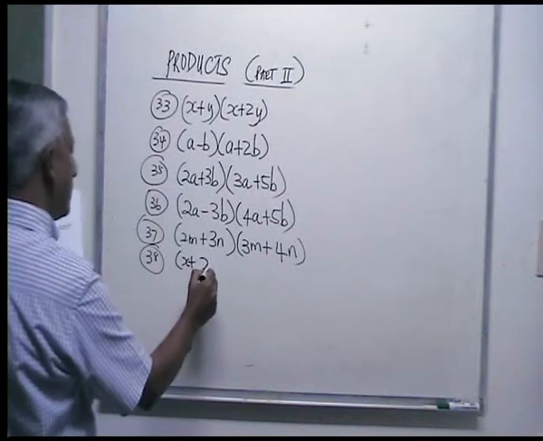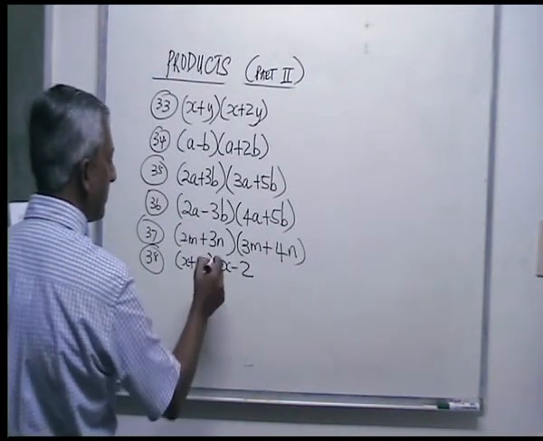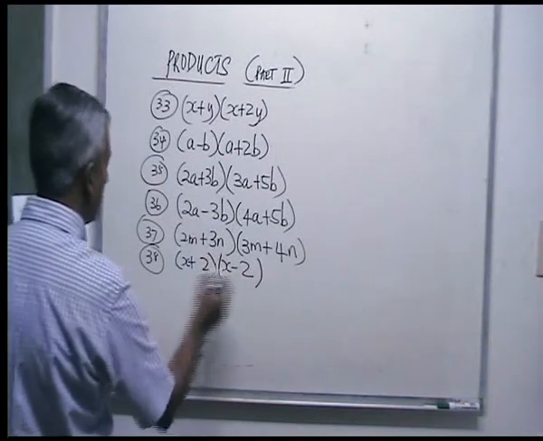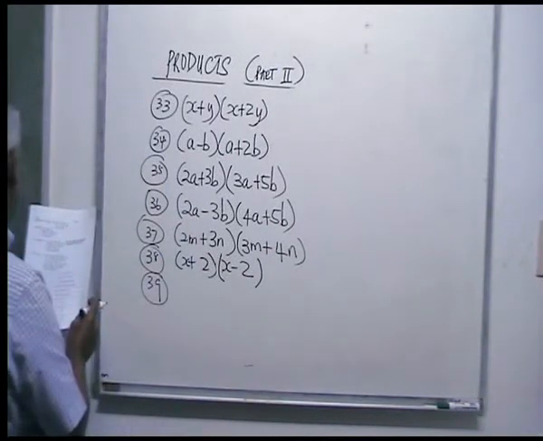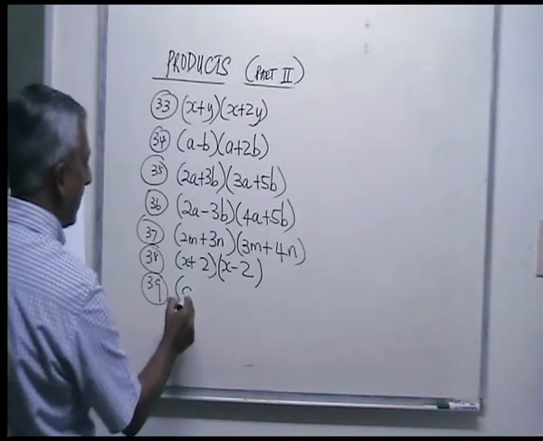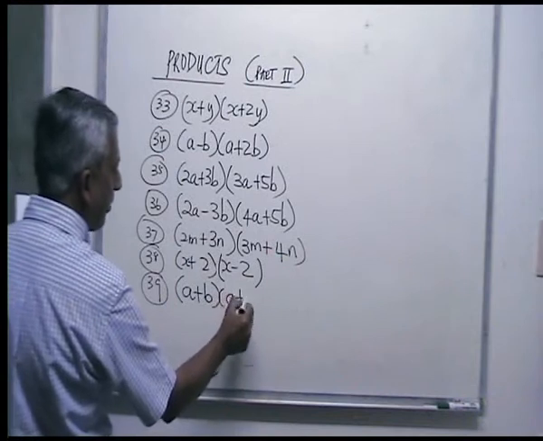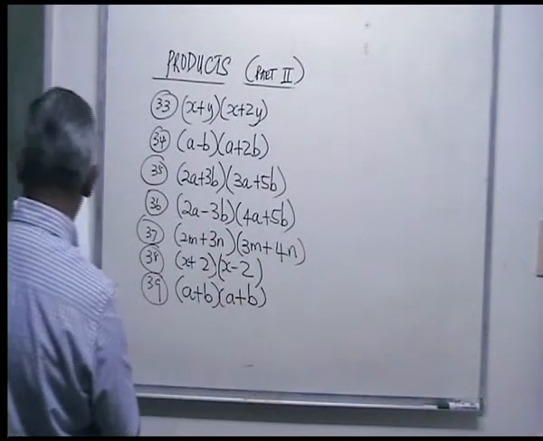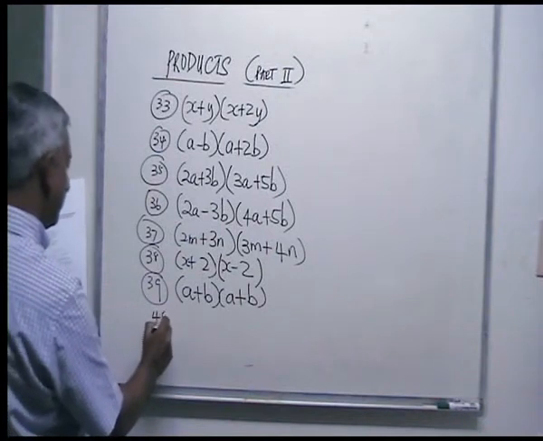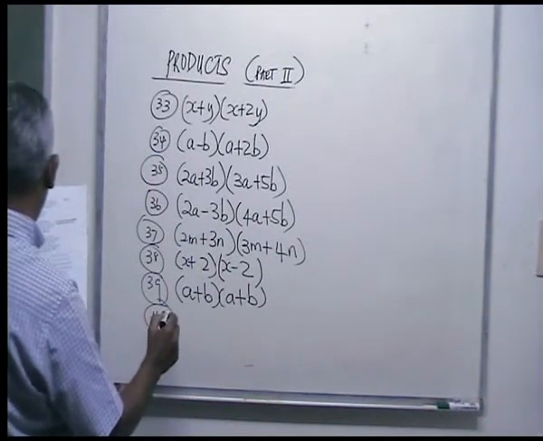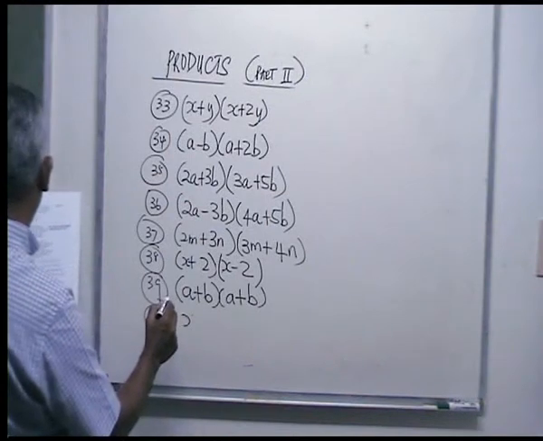Number 38, x plus 2 into x minus 2. Number 39, a plus b into a plus b. Number 40, x, oh, it's a repeat.